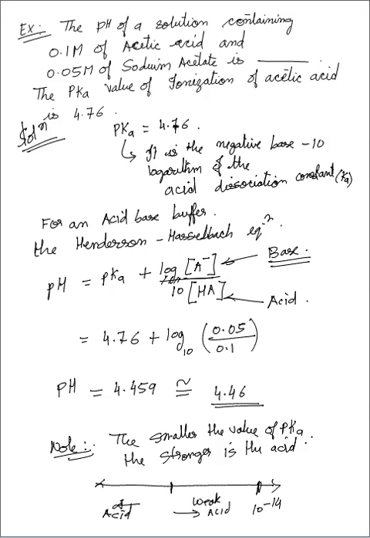Basically here we are seeing that the lower the values, if we are on this side, left side, it means the values are low, smaller the values, and it means stronger is the acid. As we move towards the right side, the values will be increasing, and it will be a weaker acid. Okay, thank you very much.